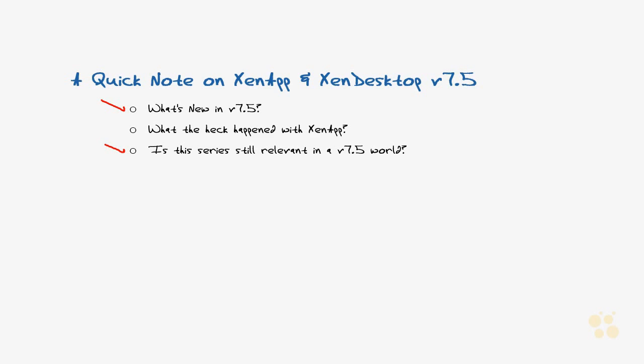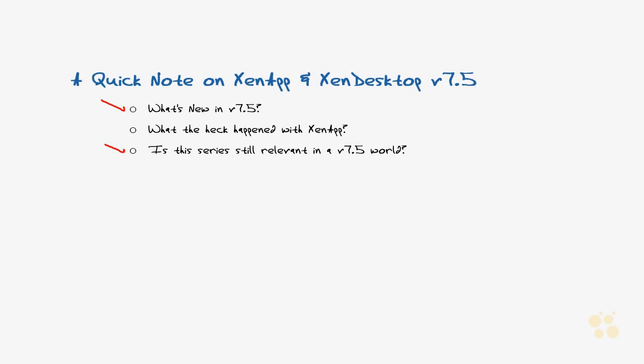For all intents and purposes, XenDesktop version 7.5 is an update that is kind of a compilation of a lot of different bug fixes. There are a couple of different improvements, though they're not even really major. 7.5 now supports cloud deployments of XenApp and XenDesktop, and remote power control for physical PCs whenever you're doing remote PC access, which is a technology we'll talk about a little later in the series.